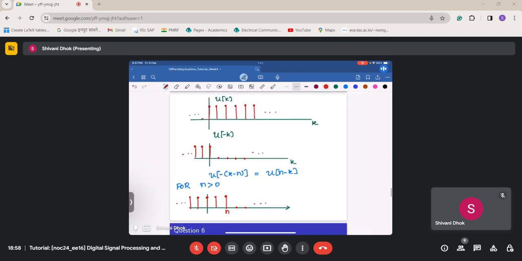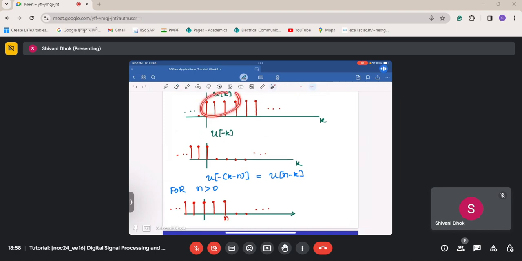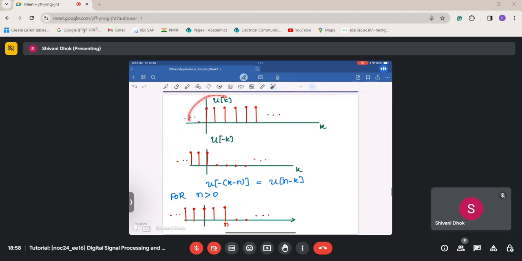Now what we need to do is multiply these two signals, this one and this one. If we do element by element multiplication here, that is this multiplied by this, this multiplied by this, like that, this will be non-zero only for the values of k from 0 to n. Is it clear?